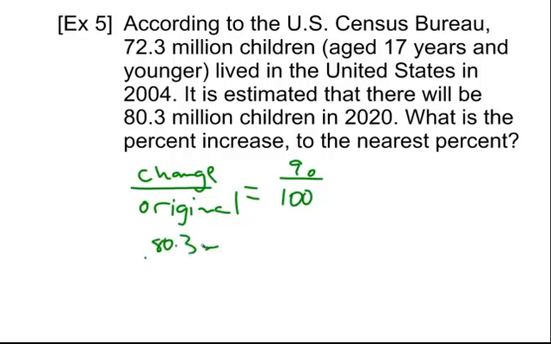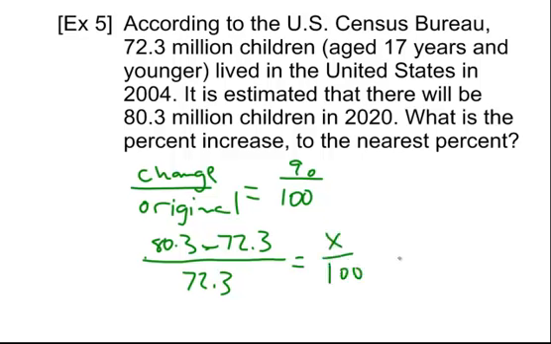We're going to subtract those two, and it's over the original. Originally in 2004, it was 72.3. Okay? And we don't know the percent increase, so that's going to be x. So 80.3 minus 72.3 is 8 over 72.3 equals x over 100.